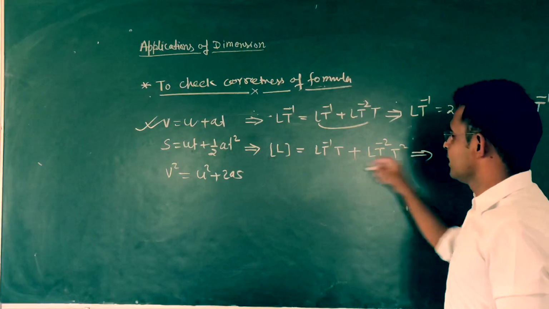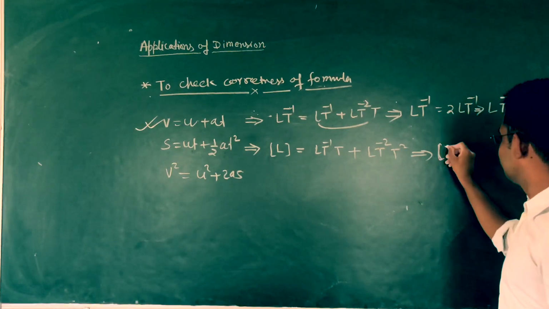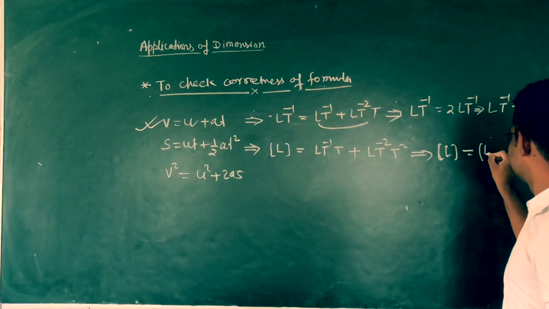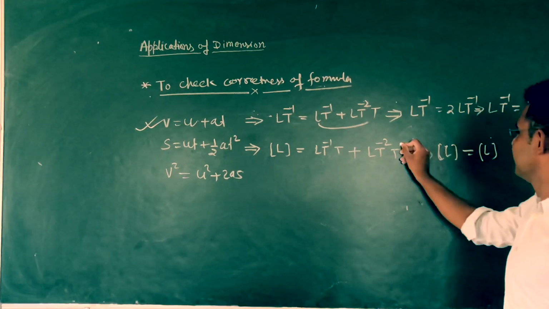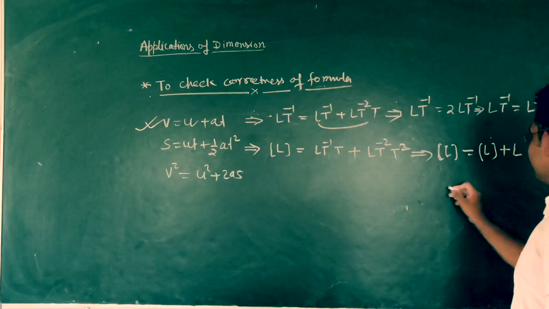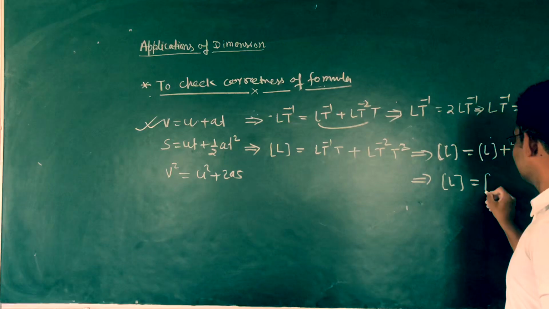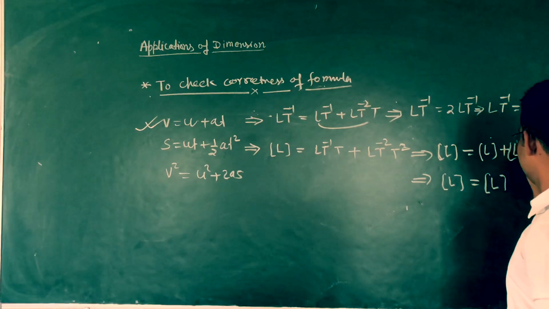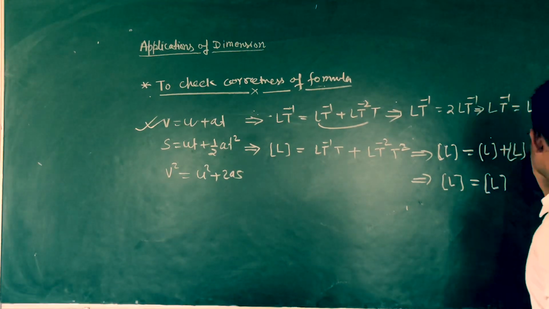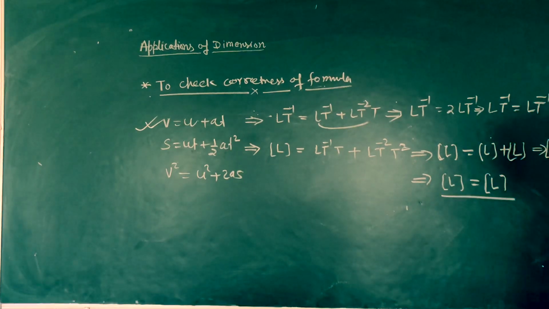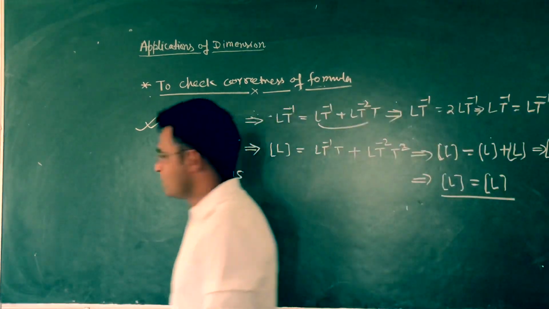So if you see here, the left hand side dimension is L, and on the right side T and T get cancelled, it becomes L. And this one will also become L. So finally, left side L and right side also L. L and L becomes 2L, so I'll neglect this 2. It means this formula is also right.